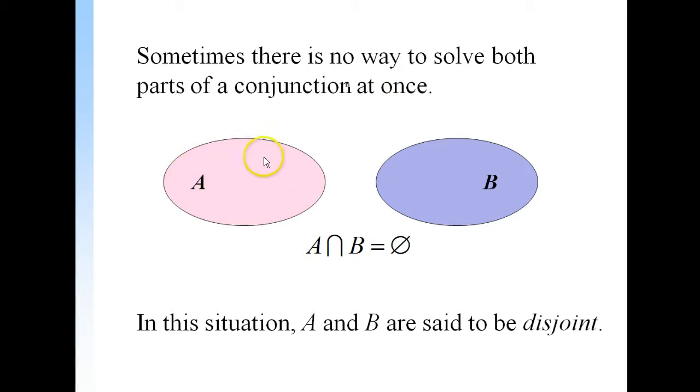So here we see set A and set B do not intersect. So what is their intersection? Well, it's an empty set or a null set, or there is no set. And when this happens, that they are not connected, this is said to be a disjunction. That is, they are disjoint.